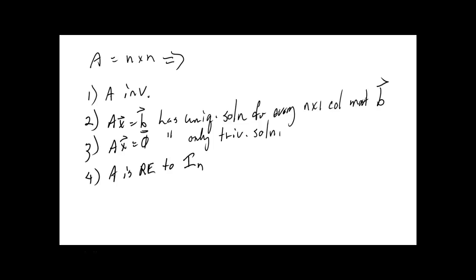Now, frankly, I think I would have started with this one and said, if that's true, then that's true. But you see, they're all true. One true implies the other. But we did this before we even talked about invertible. So if this is true, that's true, that's true, that's true. Any of those. And then the 5th equivalent condition.